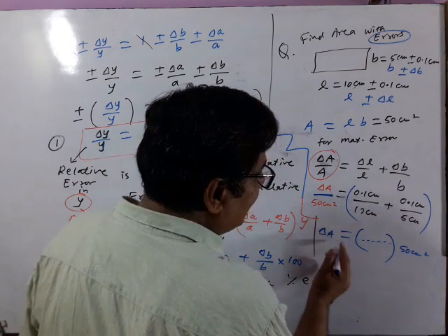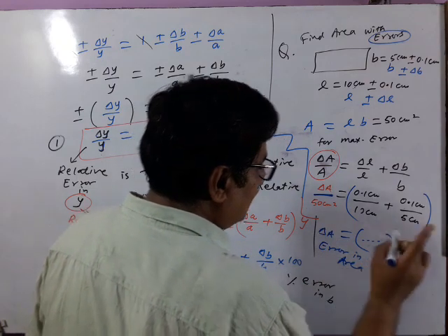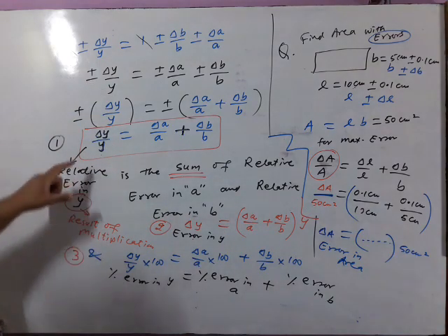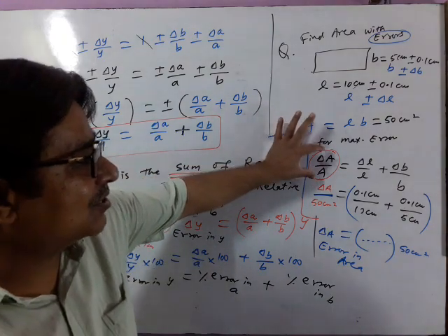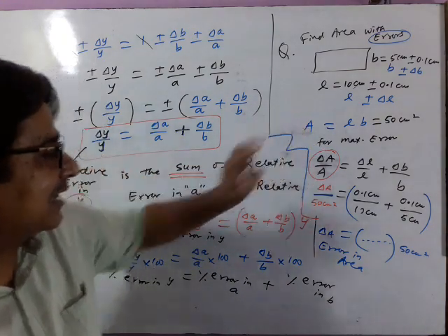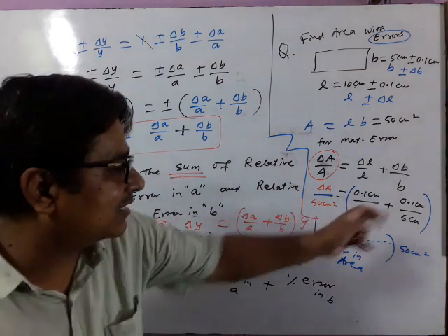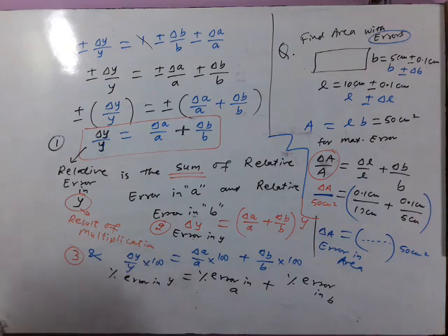So this is the error in area. Breathe in. I repeat, 3 varieties may be asked. First, he may ask find relative error in y. So the numerical was over. This is the relative error in area. Second, find error in y. So error in area, you can multiply this 50 centimeter square on the right hand side. Third is find percentage error.